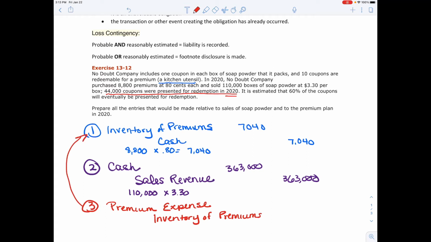They said 44,000 coupons were turned in, but remember, it takes 10 coupons to get this kitchen utensil, and we're going to record the amount that it cost us. So that would come to $3,520.